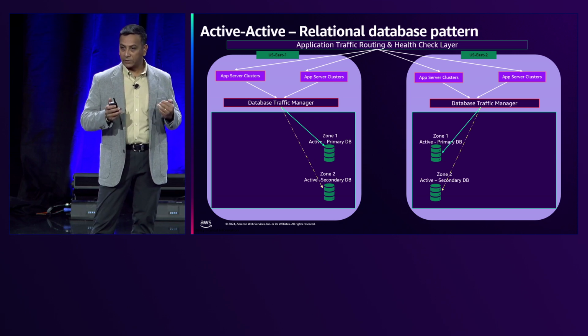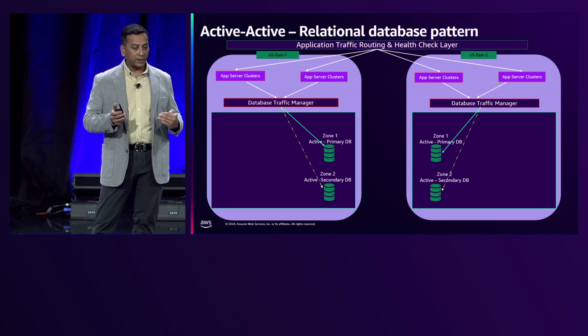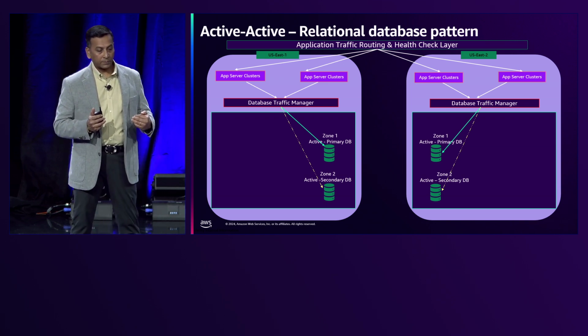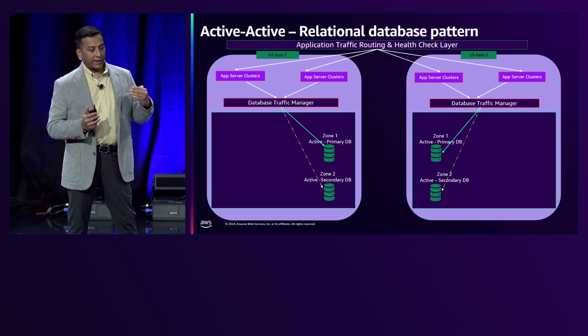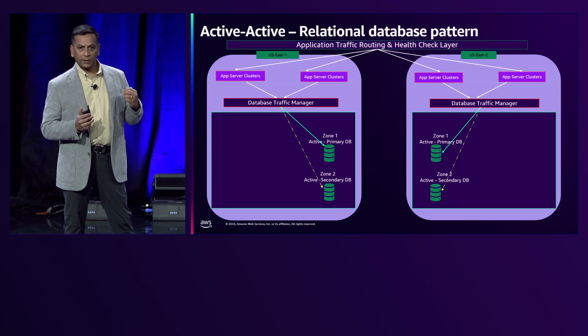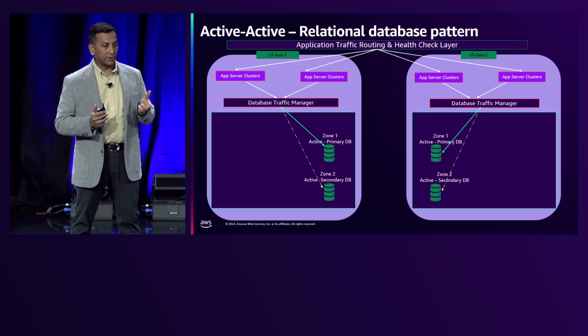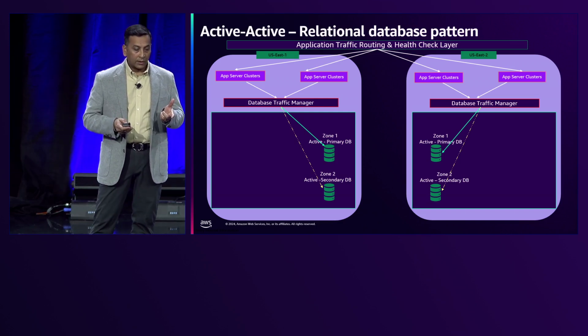Both of them are taking traffic. And then you have a secondary database on zone 2 in each region, and that is for your failover. The moment the database traffic manager detects that it's not able to get to the database in zone 1, it automatically switches to zone 2. Likewise, the same thing on East 2.